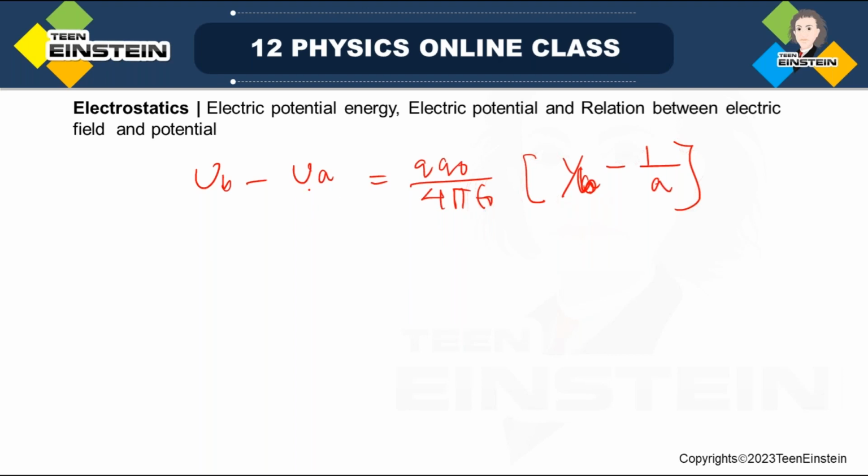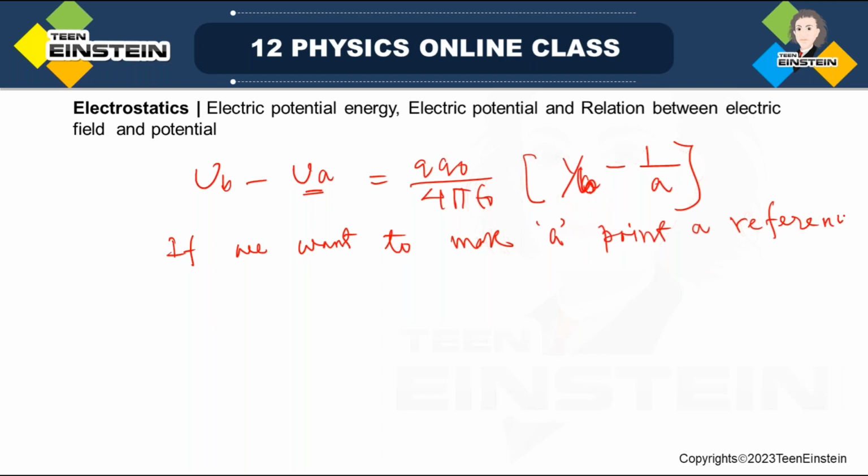If I want to make point A the reference, then UA must be 0. Potential energy at A must be 0.